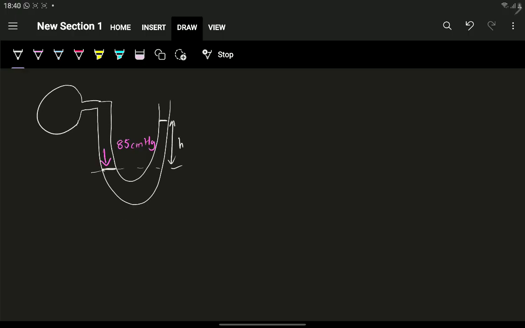So we need to find the value of h. What we know is that the PATM is equal to 76 cmHg. So that means over here is 76 cmHg. So we can find h by subtracting these two values, because the pressure here is much higher than the atmospheric pressure. So h equals 85 minus 76, and the answer will be 9 cm.